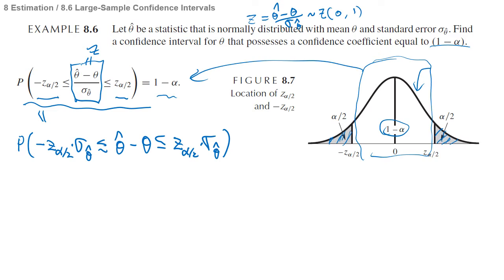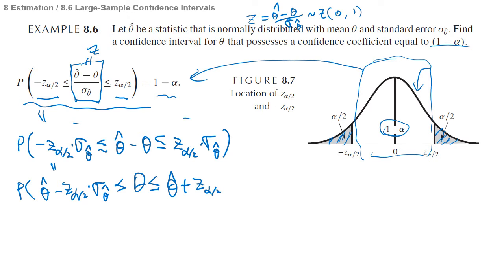And we take minus on each side, and we add theta hat, then this becomes the probability that theta hat minus z alpha over 2 times sigma theta hat is less than theta, which is less than theta hat plus z alpha over 2 times sigma theta hat.